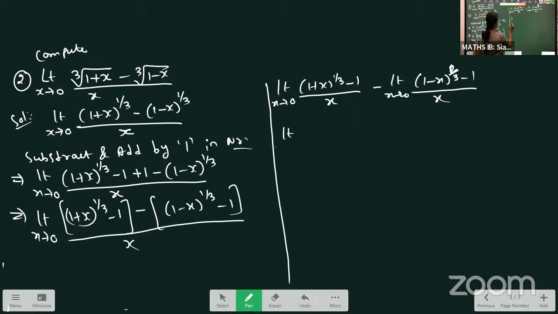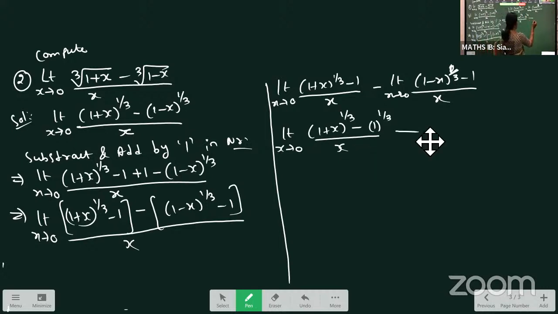Limit x extends to 0. Keep the first term as it is, (1 plus x) power 1 by 3, and in the same way write 1 as 1 power 1 by 3, by x. This is the first term. Minus limit x extends to 0, (1 minus x) power 1 by 3, and 1 also as 1 power 1 by 3.